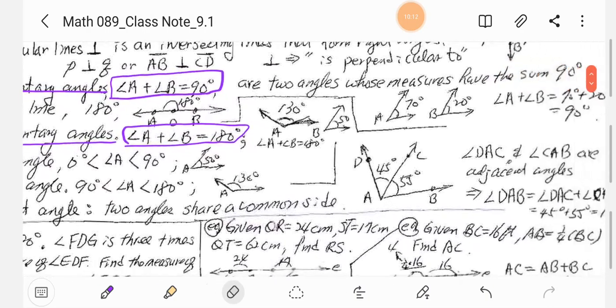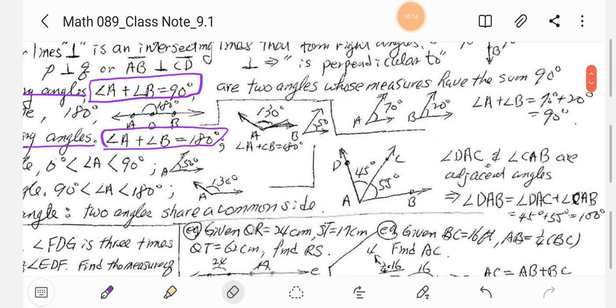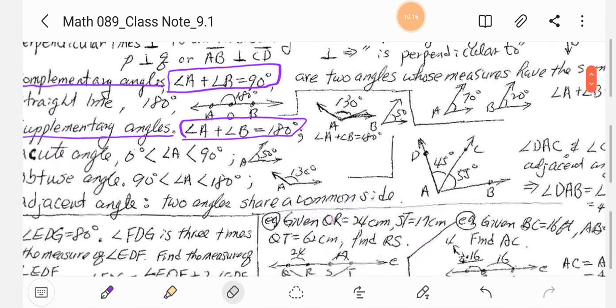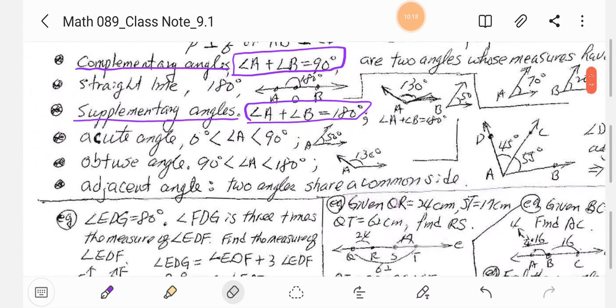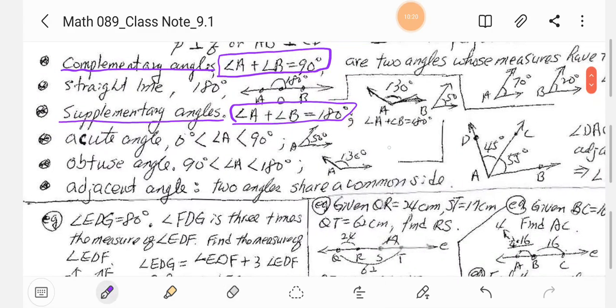All right. Okay, and then acute angle. Here are two rays and they form some angle, right? If this angle is less than 90 degrees, then we call it an acute angle.